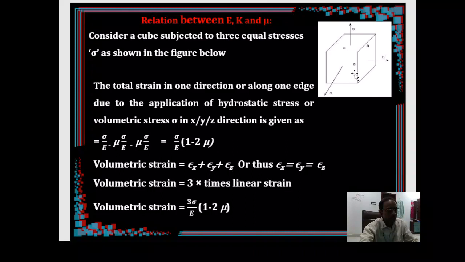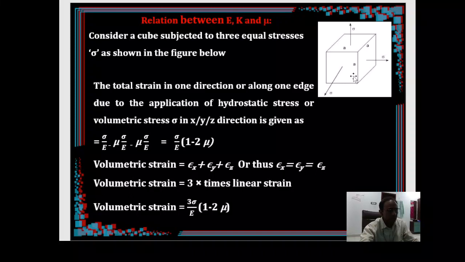where cube means all dimensions are the same, x, y, and z. In this particular derivation that we are going to do, we are taking a force system acting on a particular particle where all the stresses are almost the same.